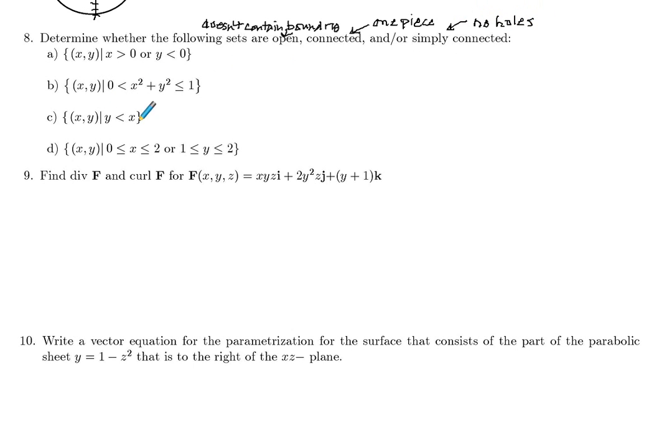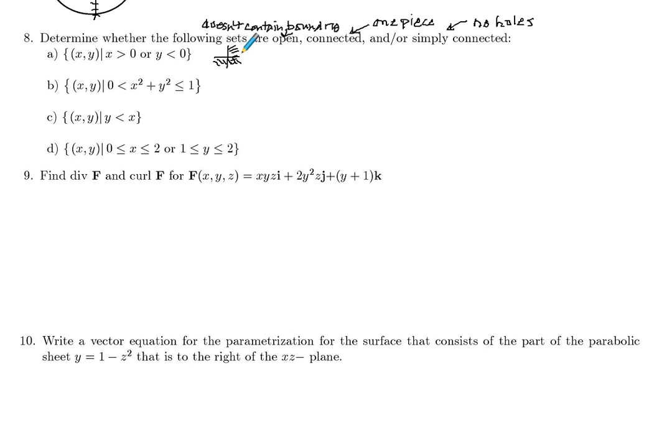So we want to classify each of these regions. So here, x greater than 0 and y less than 0. In the xy plane here, x greater than 0 would be this region over here. y less than 0 would be this region down here.